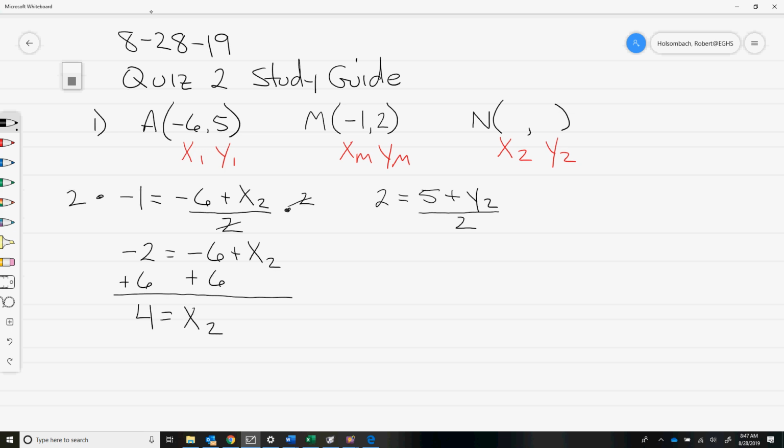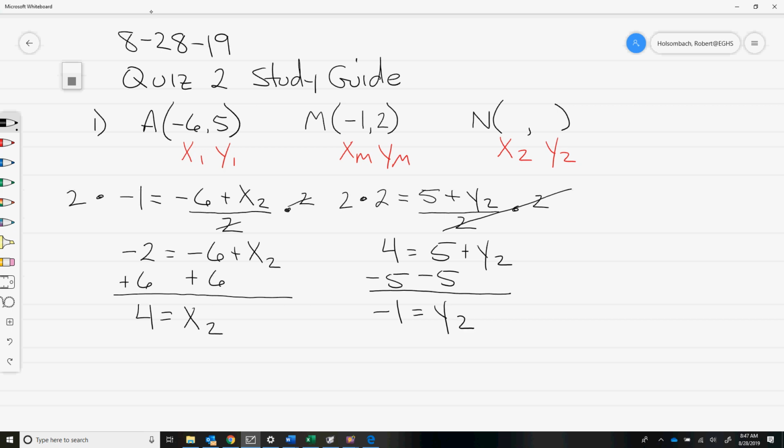And just repeat that same process right here. So multiply both sides by 2. These will cancel. And 4 equals 5 plus your y sub 2. Subtract 5 from each side. And negative 1 equals your y sub 2.